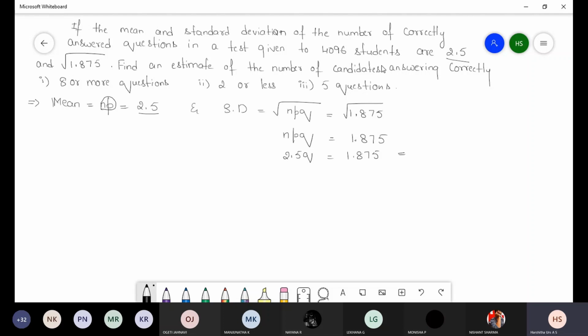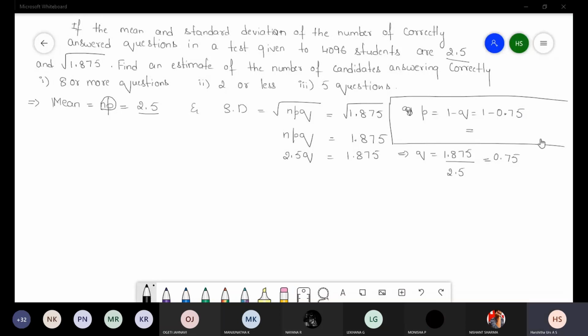So Q is equal to 1.875 divided by 2.5, that is 0.75. Once we get the Q value, to find P we write 1 minus Q. So 1 minus 0.75 is 0.25.